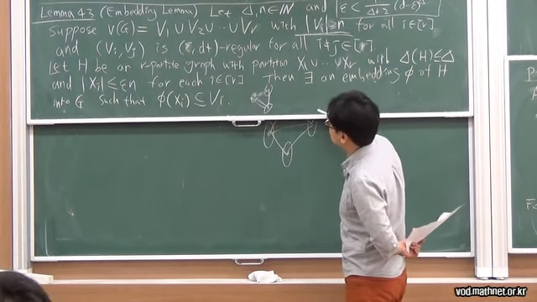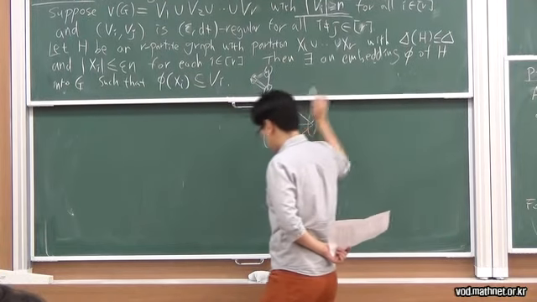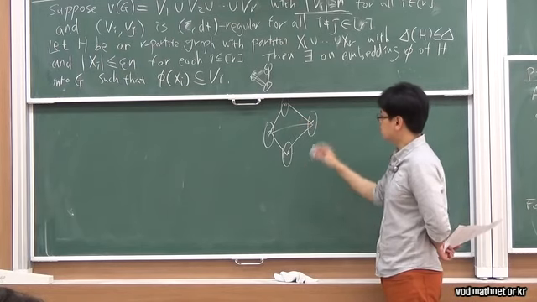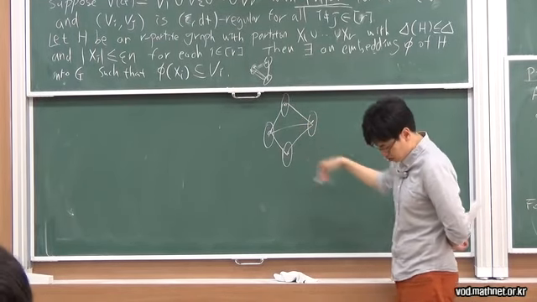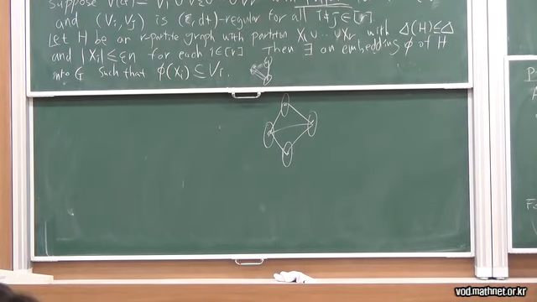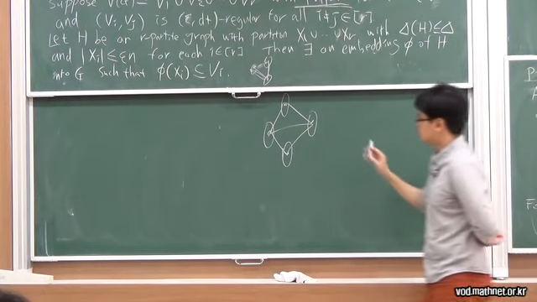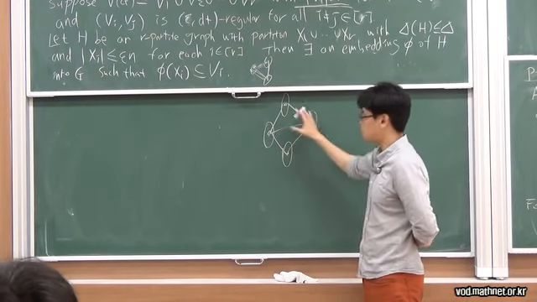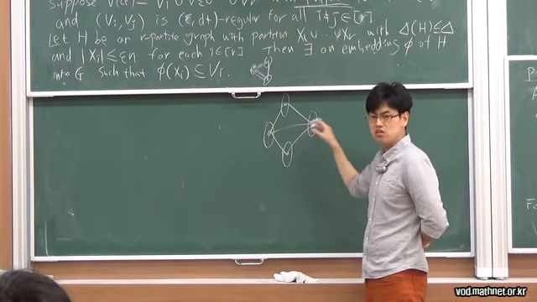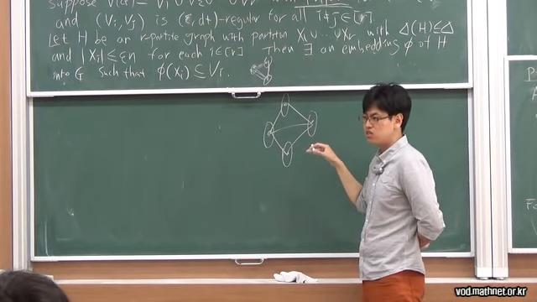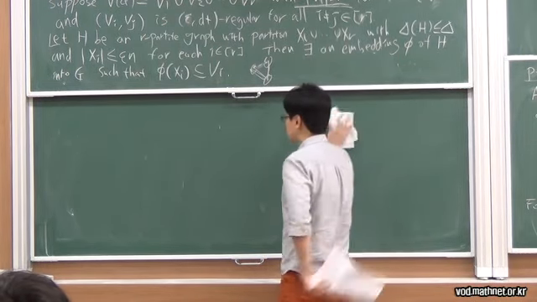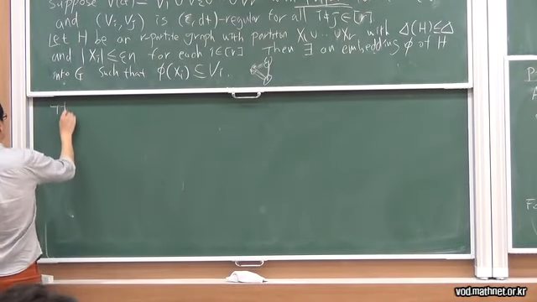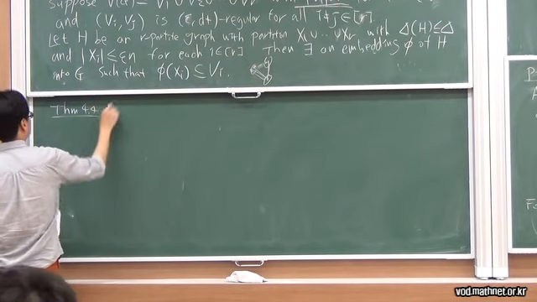So this structure is not really useful. What we want is to make the parts large. In other words, we want to make the number of parts significantly smaller than the number of vertices in G. And actually that is possible. That's what the regularity lemma says. So Theorem 4.4 is the regularity lemma.